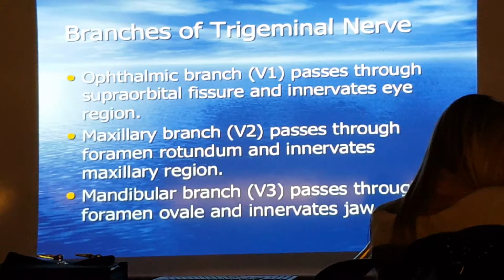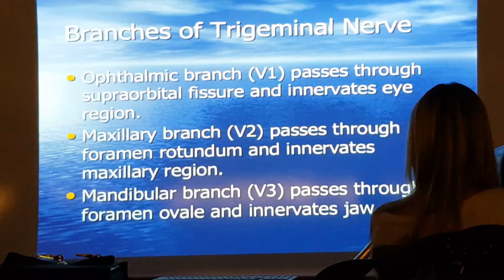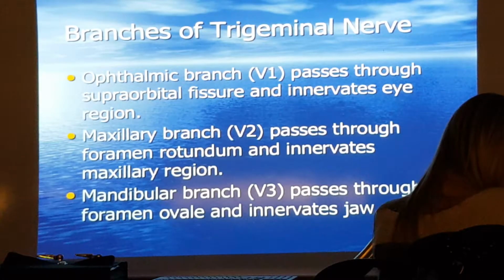So I'm likely to say that this important nerve branch innervates the muscles of chewing and passes through the foramen ovale. Then you should write down on your paper, mandibular branch of the trigeminal nerve, V3. Get the idea?